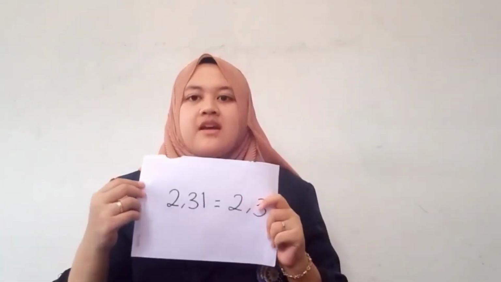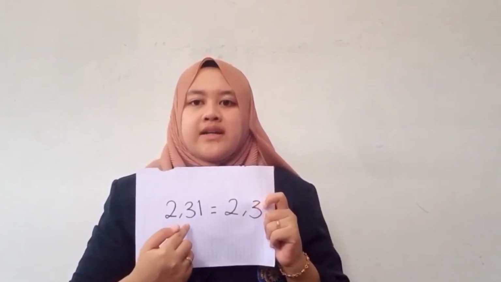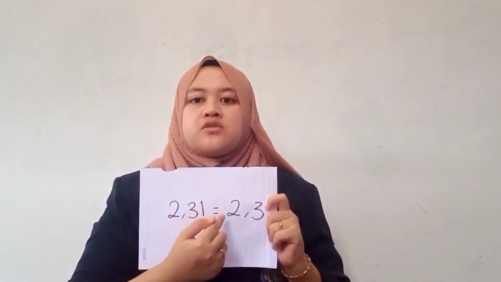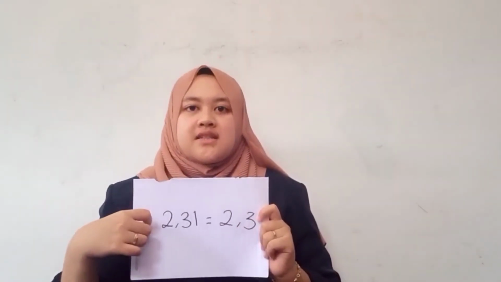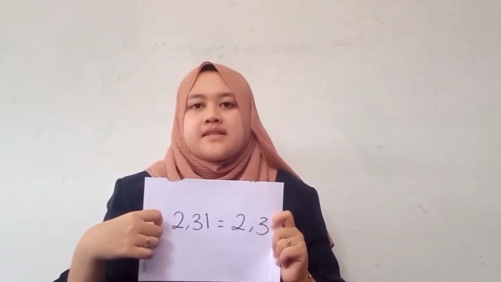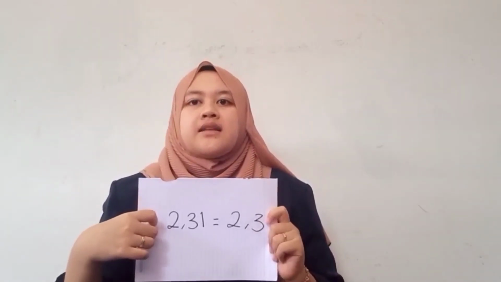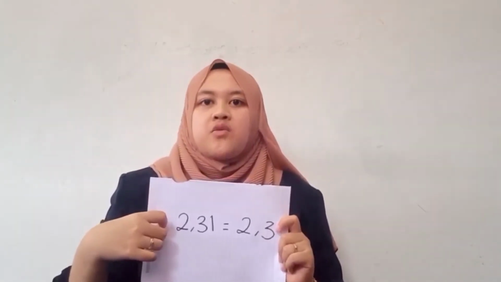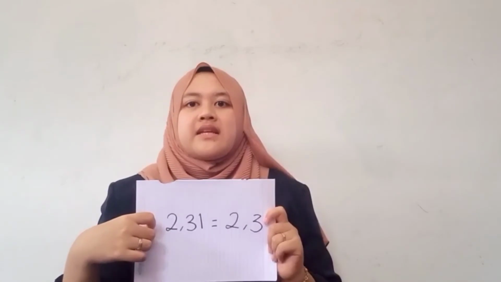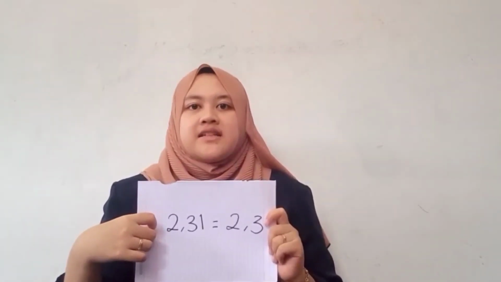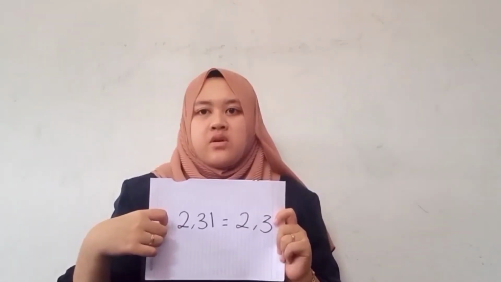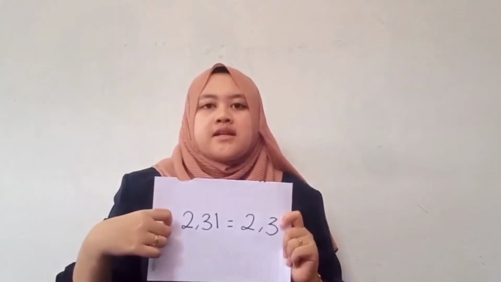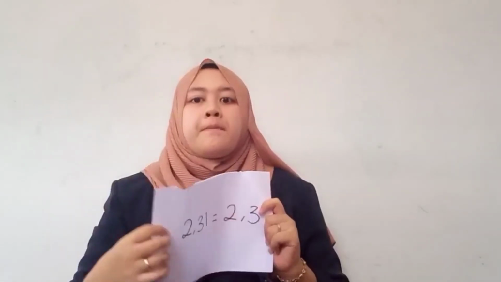For example, 2.31 rounded to 2.3. In 2.31, it can be seen that the hundredth number is 1, which means it is less than 5. Then the tenth number, which is 3, stays the same. The rounding is 2.3.